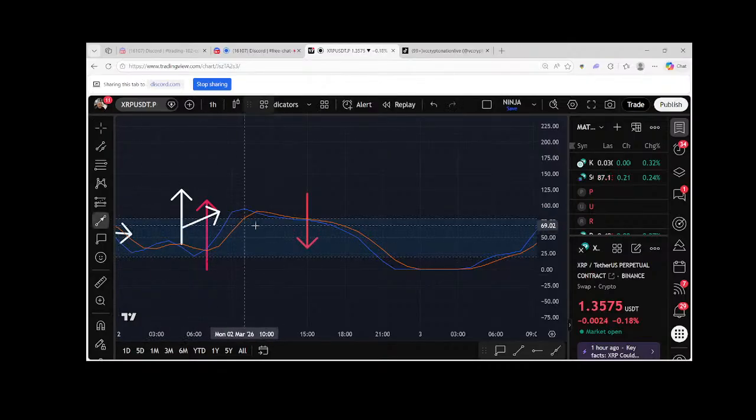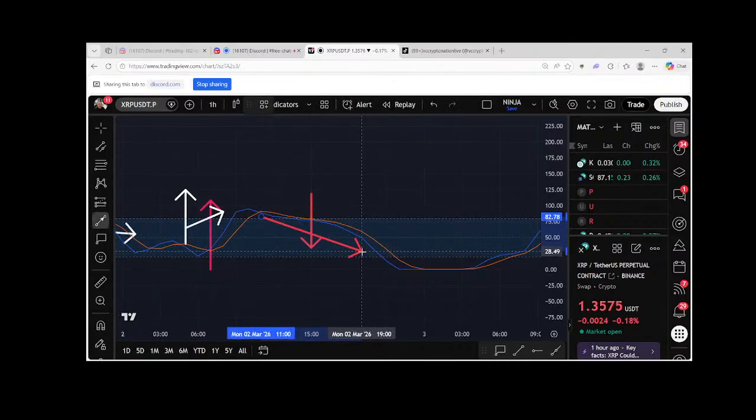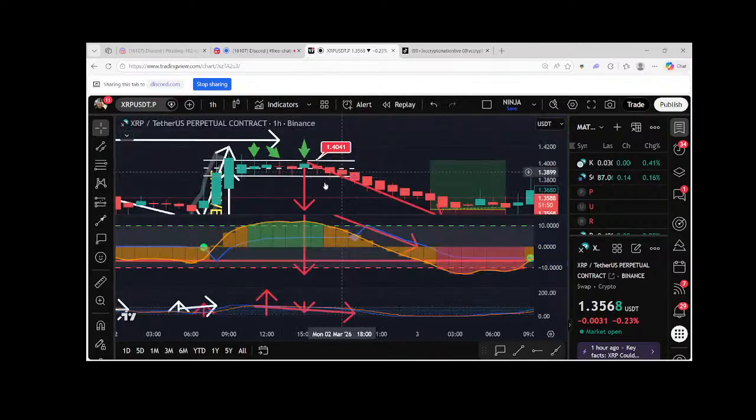What's the 1 hour doing? Pulling back. Yeah. So when did the 1 hour start to pull back? It started to pull back here. So now if we go back up here and we follow that 1 hour up, we notice that the 1 hour was giving us a hint that it was starting to pull back all the way back to this candle here.